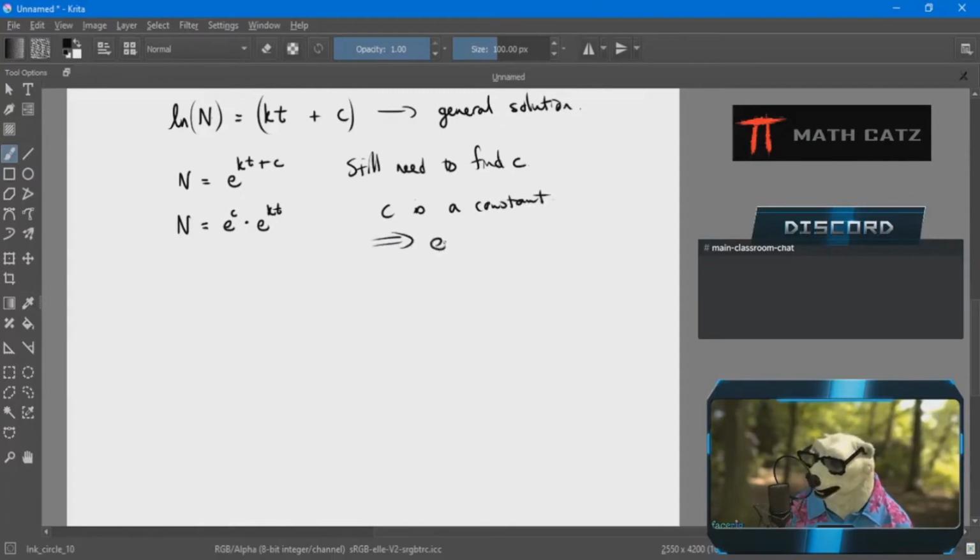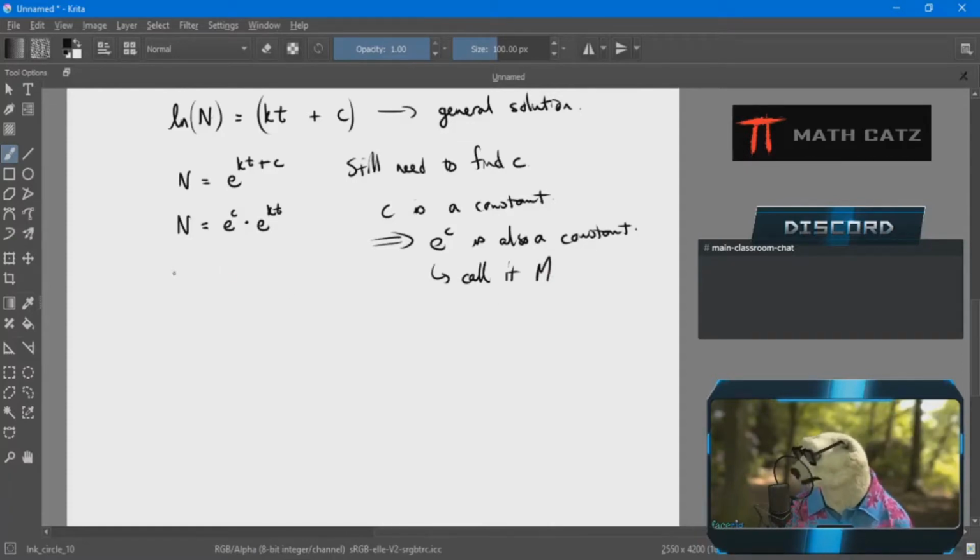Now if c is a constant, that would mean that e to the c is also a constant. So whether I try and find a value for c or e to the c, it doesn't really matter as long as I find one of them. So just so it's a little bit nicer, let's call it m or something.